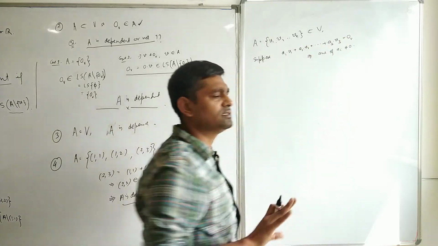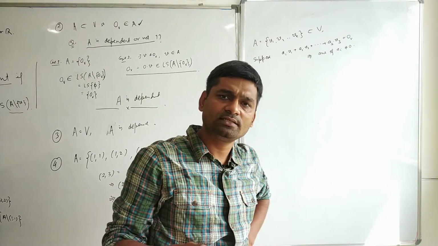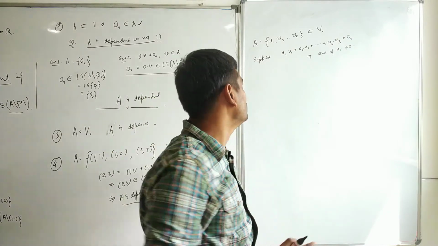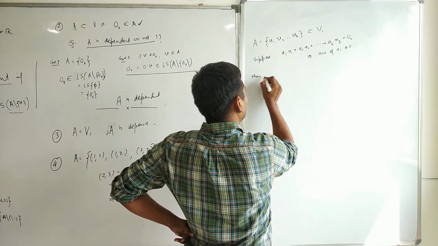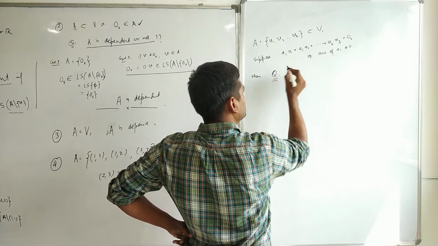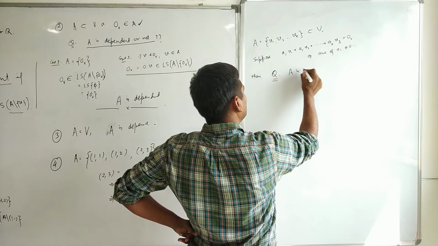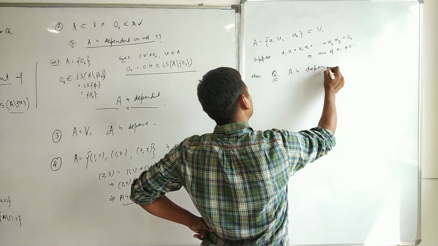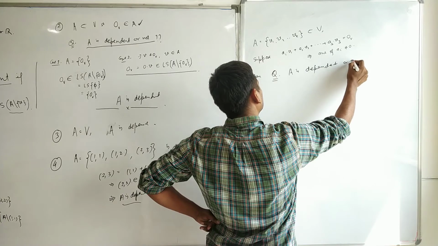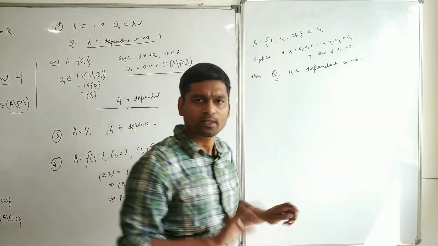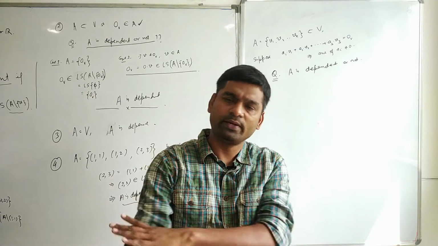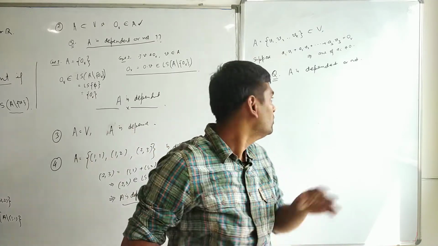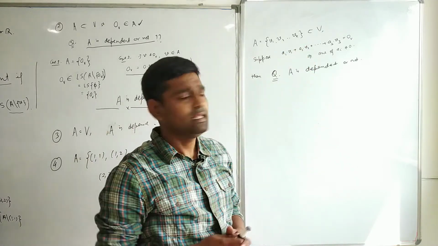Suppose you solve this equation, and suppose it implies one of the ai is not equal to 0. So this is the question: is A dependent or not? Question clear? This equation is given to you, and one of the ai is not equal to 0. Then is it dependent or not?